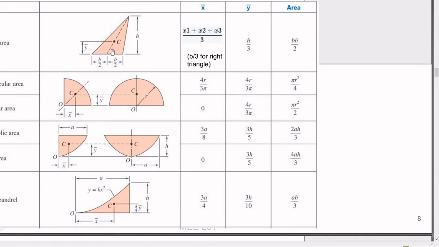We're looking at a semicircular area, and we've got this formula here. It's a function of the radius. So 4r over 3 pi is our y bar there.